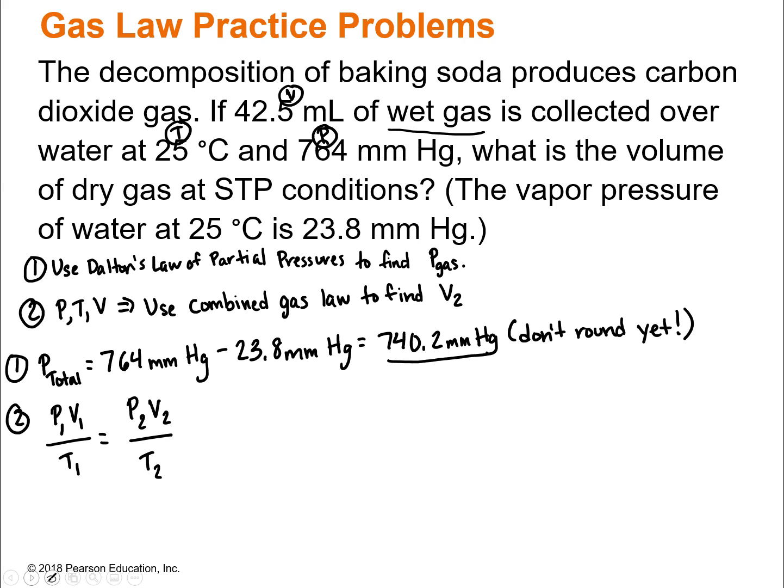So the question is asking about the volume. That means we're going to be solving for V2. The things that we can fill in already, our initial pressure, that's what we solved for initially. That's the 740.2 millimeters of mercury.